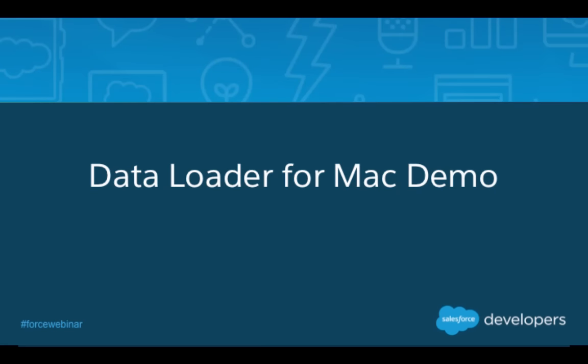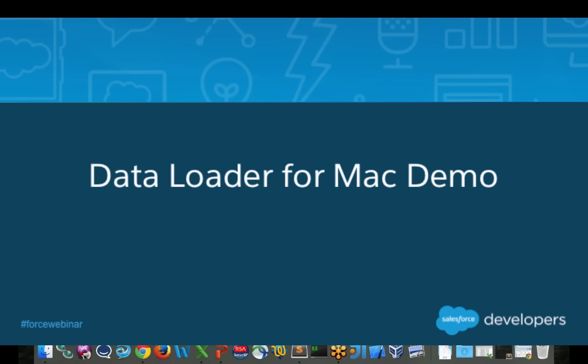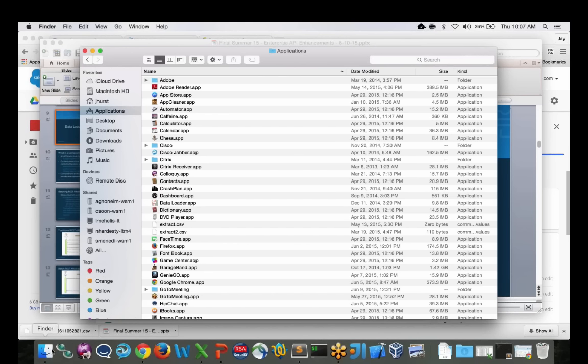But I'm going to jump into a quick demo here to show everybody how it works. Like I said, if you're familiar with the Windows version of the data loader, this should be very similar. So once it's installed, there's a simple link in your applications folder, dataloader.app.